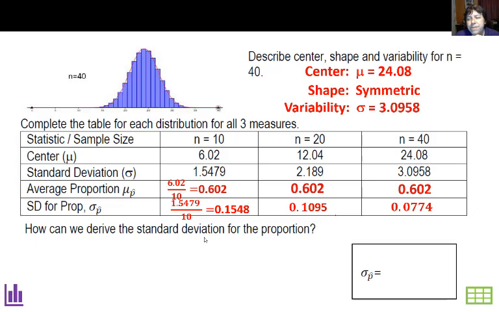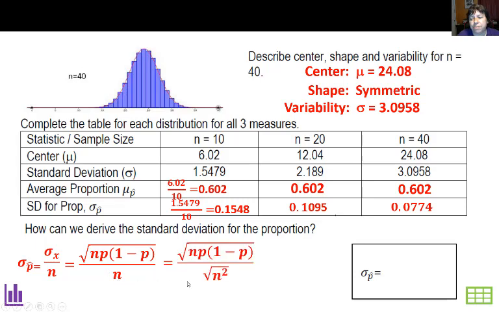Well, we know the standard deviation for a binomial distribution is the square root of n times p times 1 minus p, all right? But I'm going to go ahead and divide that by n. And I'm going to square that n on the bottom so I can put a square root on it. So the square root of n squared is just n. Those two are the same thing.